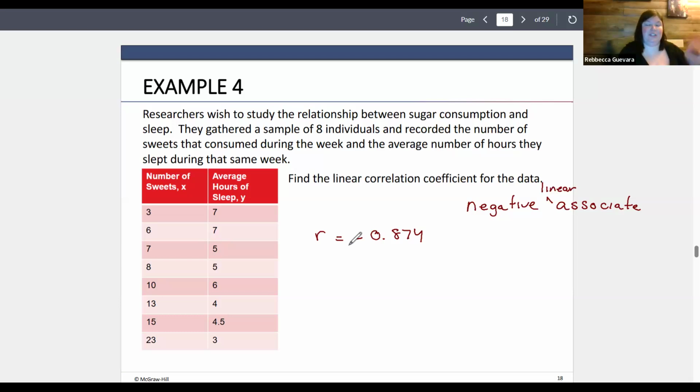The plus or minus just tells us whether it's positive or negative. And the closer this is to 1 or -1, the stronger the relationship. So you can say that this is moderate. Moderately, maybe moderately strong. It's not super strong, but a moderately strong relationship.